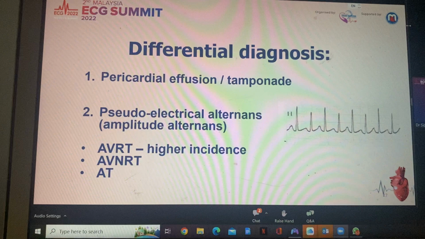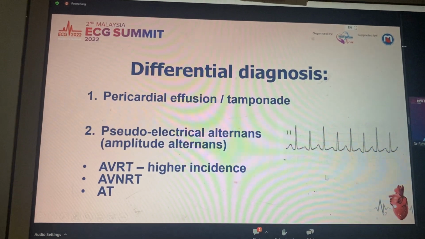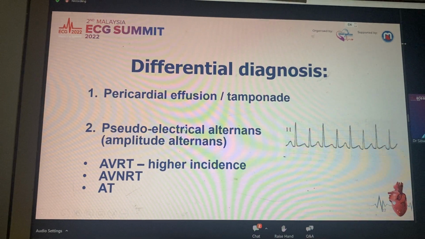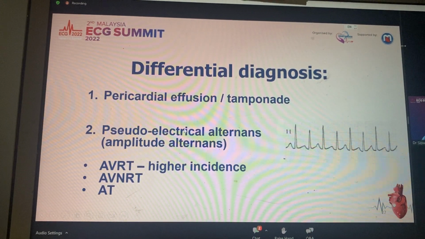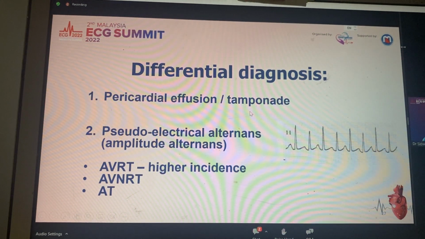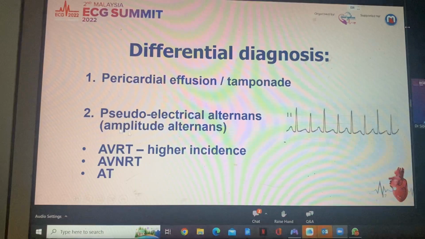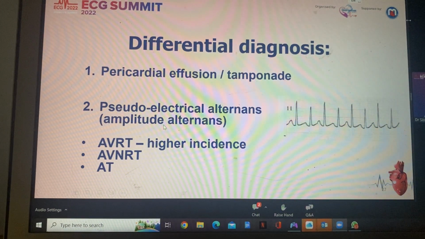All right, I've just zoomed in on the ECG for you. The first thing I think we should always rule out is pericardial effusion or tamponade. The second thing is, if there's no effusion, it will be called pseudo-electrical alternans, or sometimes amplitude alternans.